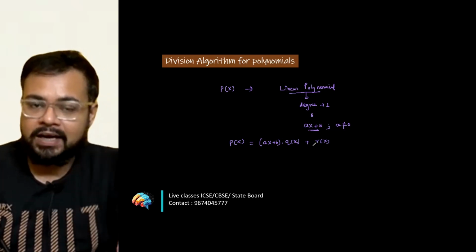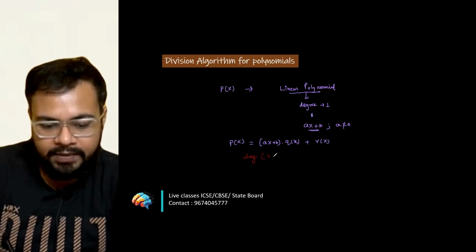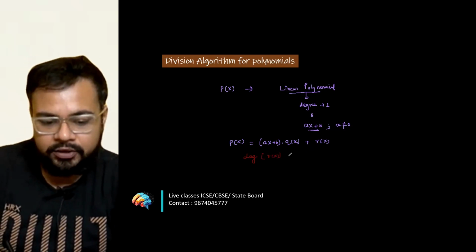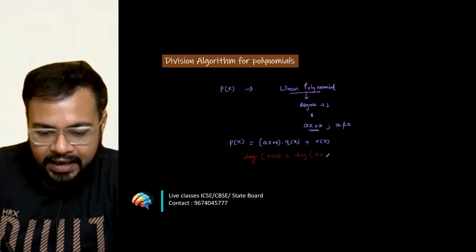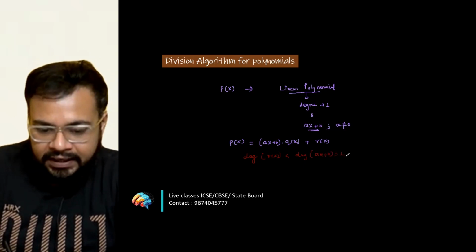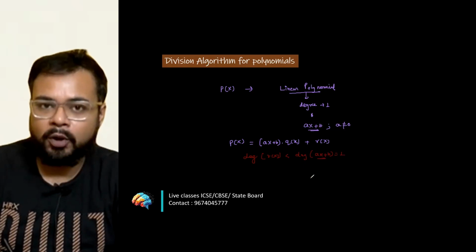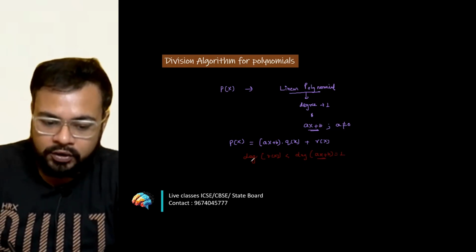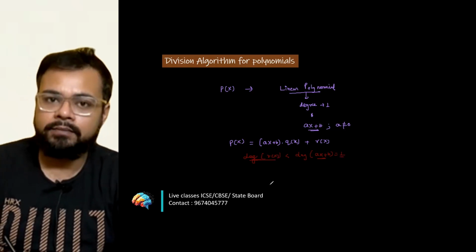Now, the condition that I have told you is that the degree of the remainder, r(x), should be less than the degree of the divisor. In this case, it is ax plus b, and we know the degree of this polynomial is 1. So the degree of the remainder polynomial should be less than 1.